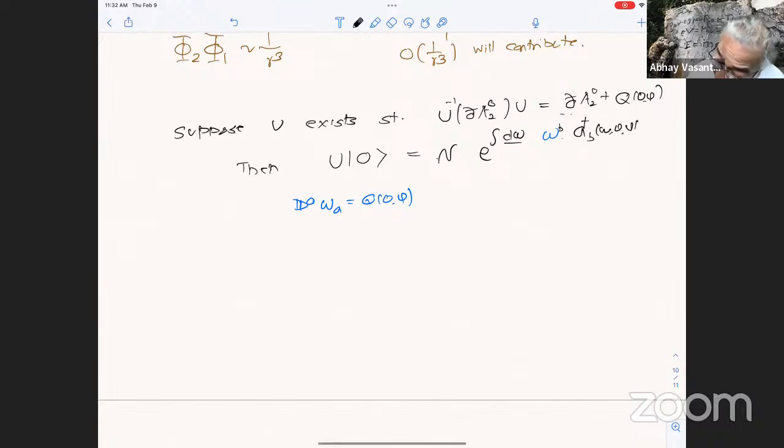Everything depends on omega theta. So you'll get that operating on the vacuum. But then the question is, is this a coherent state? So is this one-particle norm finite?